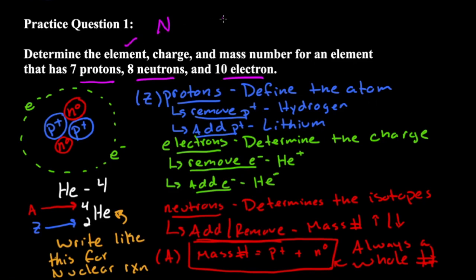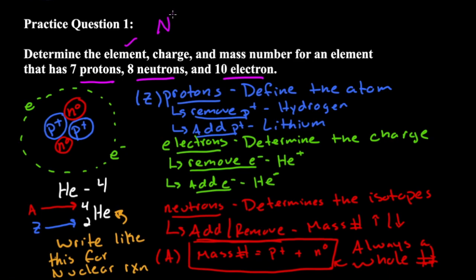And then we want to figure out what the charge is going to be. To figure that out, you would look at the protons and the electrons. Whichever one is in excess, the one that's left over, that's going to determine what the charge is. I have more electrons than protons, so I know my charge has to be negative, because electrons are negative. When I subtract these two, I get a -3.